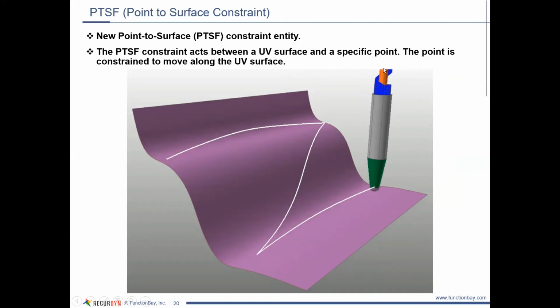So that's 1 degree of freedom. And then as you move the surface around, it will trace a path, and that tip will always be following exactly on the surface.